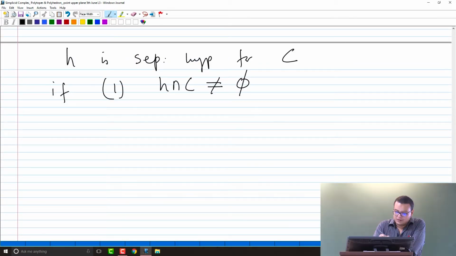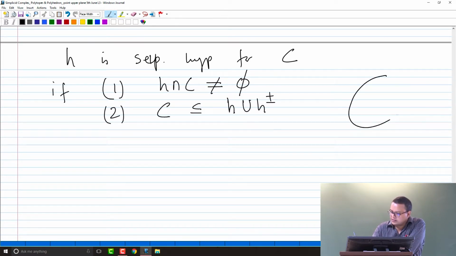Separating is used when you have two convex bodies. Anyway, the second condition is that C should be completely contained in H union H plus or minus. What do I mean by that? It looks like this. Let us say this is a convex body.